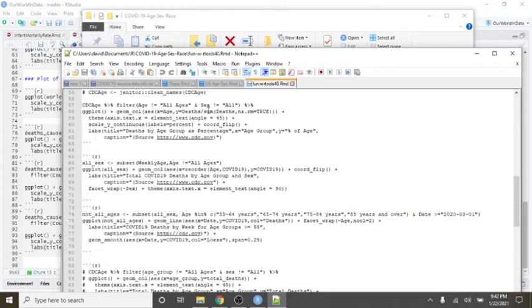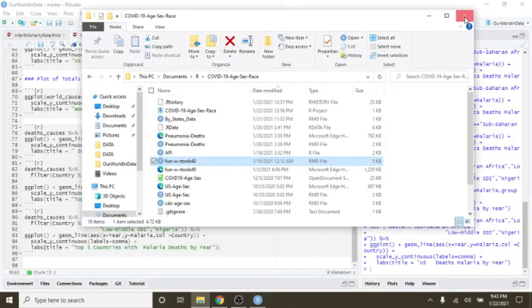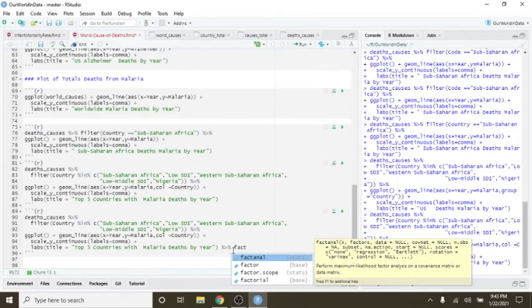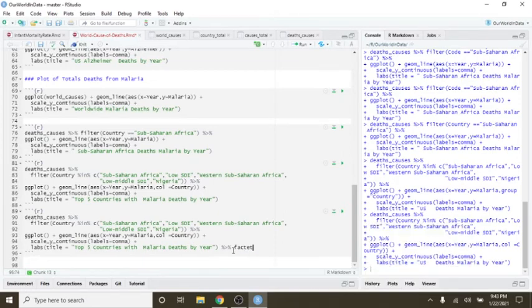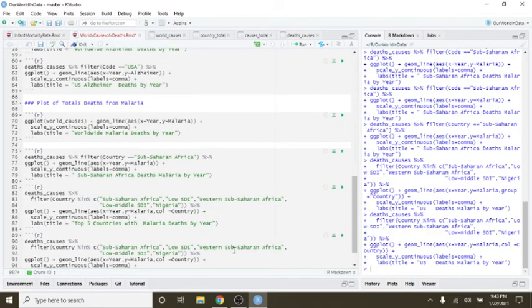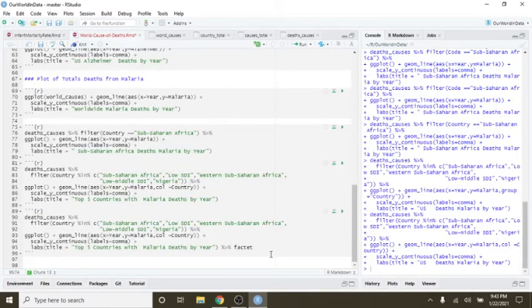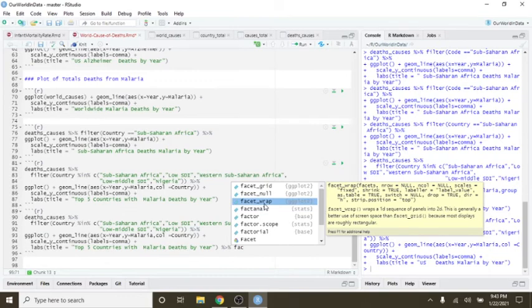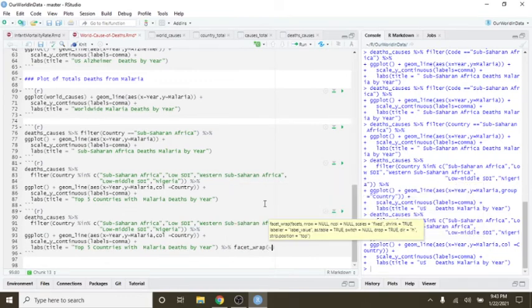Okay, so what we're looking for here is a facet graph. So we're going to come down here like so, and it's going to be country.